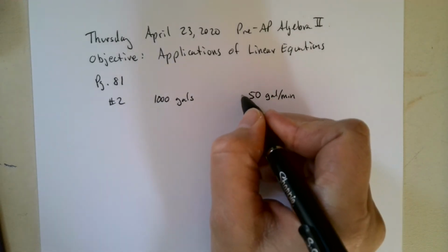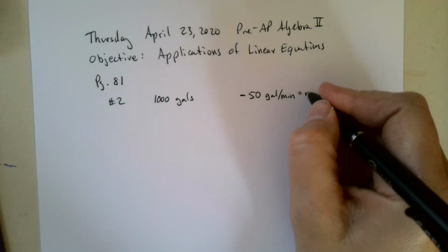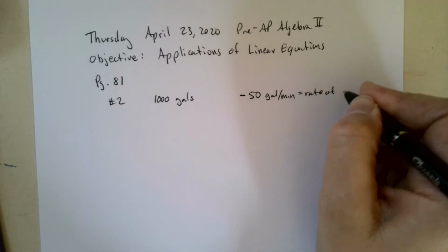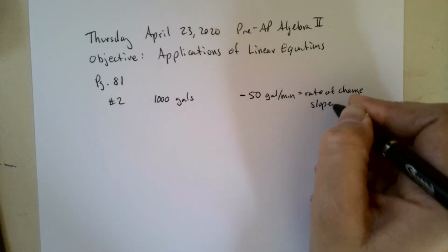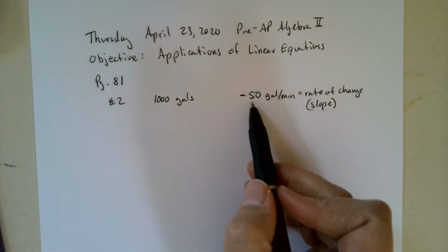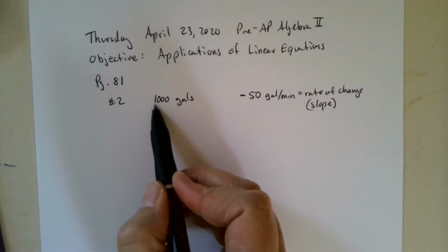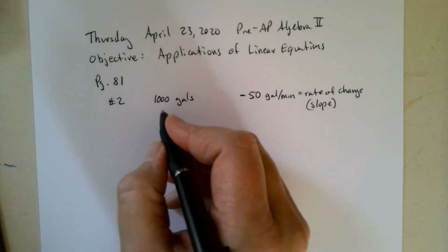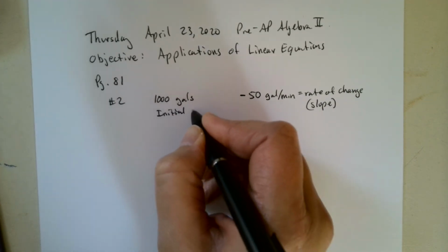If we were graphing, it would be going down. So this is our rate of change, which is also our slope. It's going down 50 gallons per minute, and it started at 1,000 gallons. So this would be our initial amount.